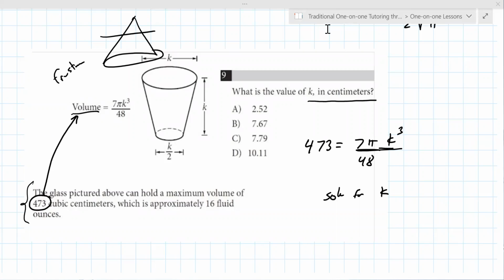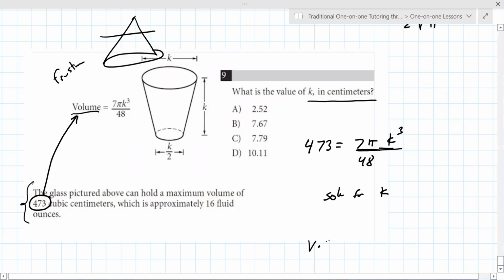Yes. 48 divided by 7 equals. Okay. I got V times 48 or square root or cube root. Yep. V times 48 over 7 pi.